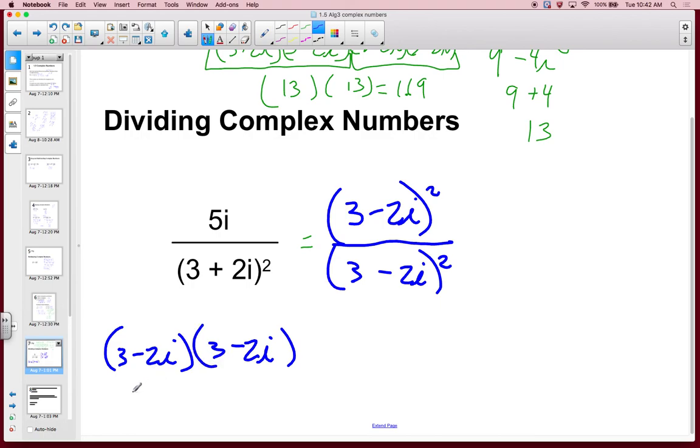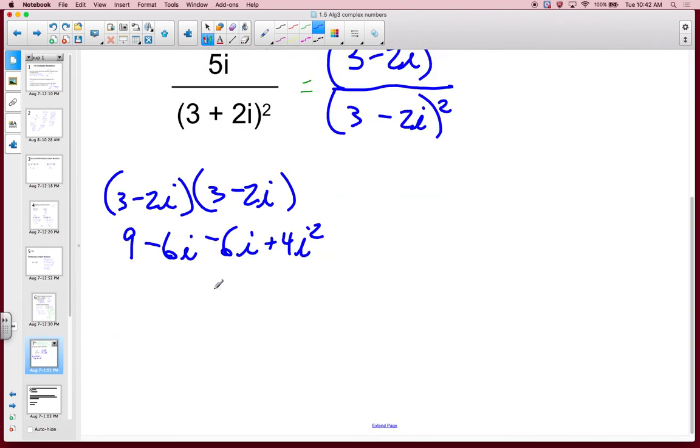That will give us, our first is a 9, outer is a 6i, inner is a 6i, and our last is a 4i squared. So that's really a 9 minus 12i. This will become a minus 4, so a 5 minus 12i.